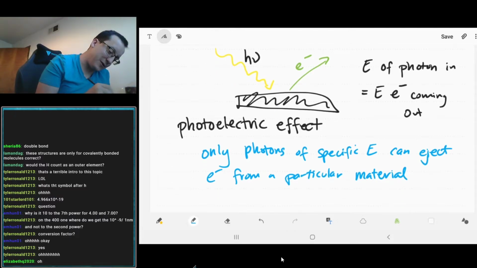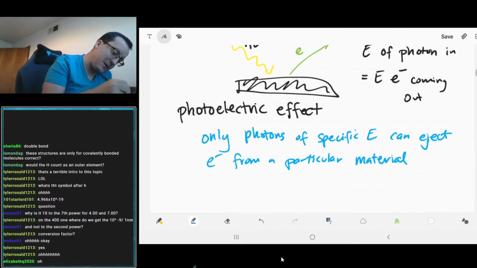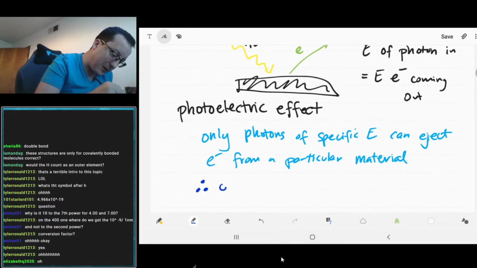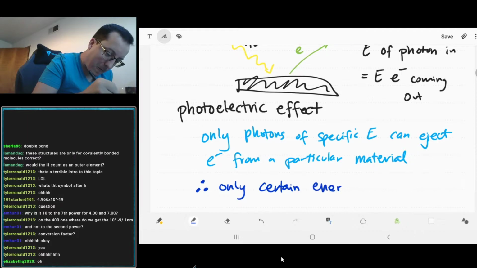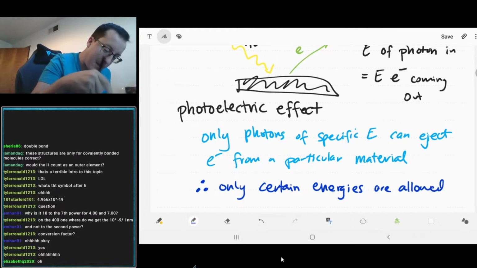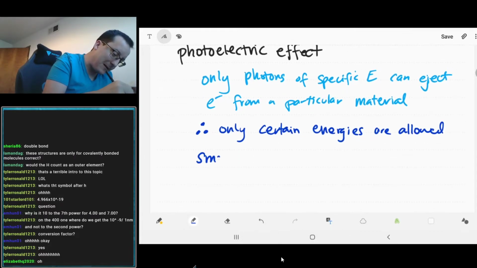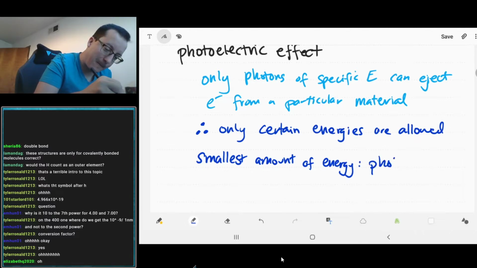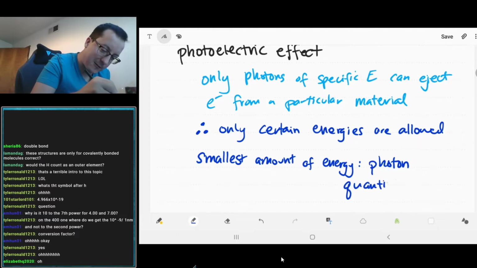And so the conclusion from this was that only certain energies are allowed, and the smallest amount of energy is called the photon, and it is quantized.